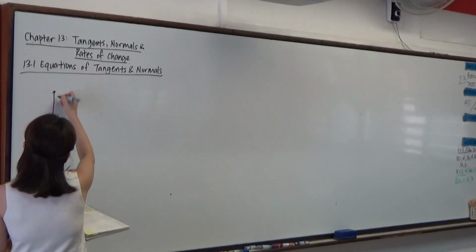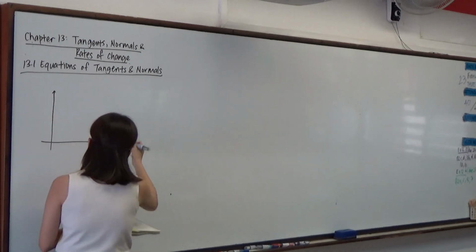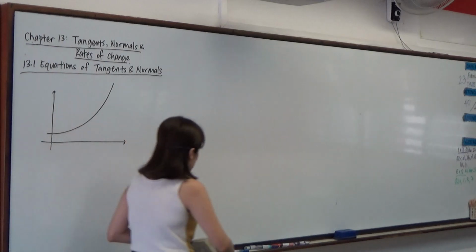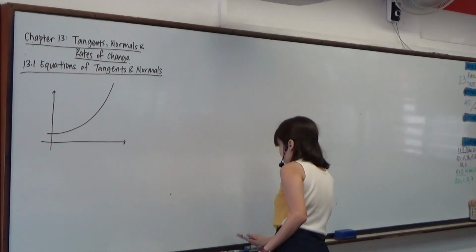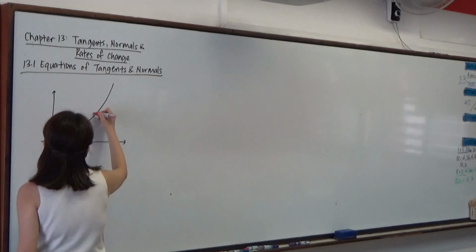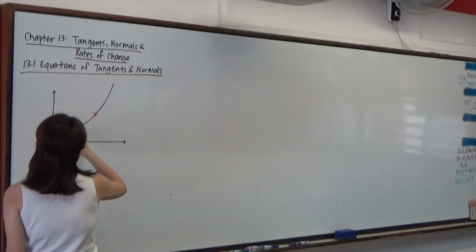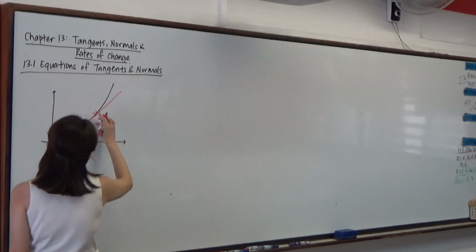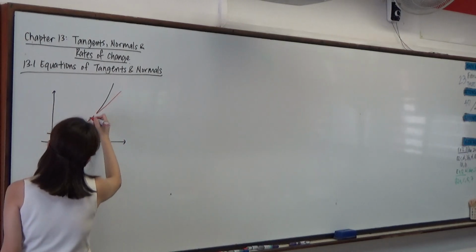In a very generic situation, let's say I have a curve, something like that, and I have a tangent being drawn at a certain point, so let's say maybe this point. Then my tangent will be passing through that point only of that curve.